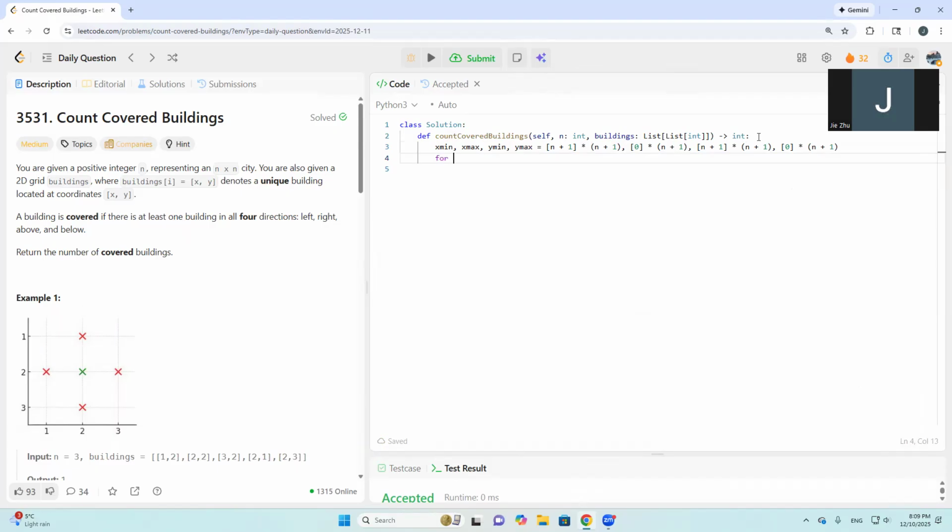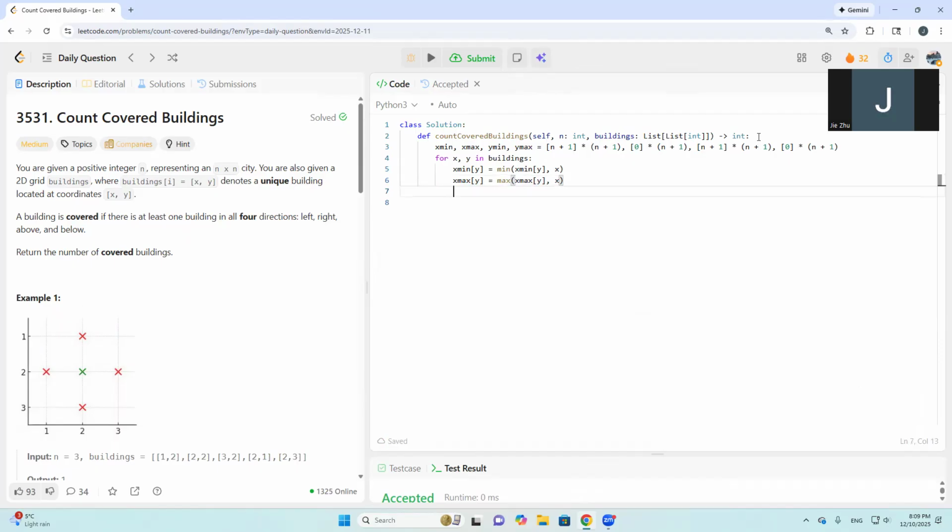So for x, y in buildings, what we do is x min y equals min of x min y and x, and x max y equals max of x max y and x.